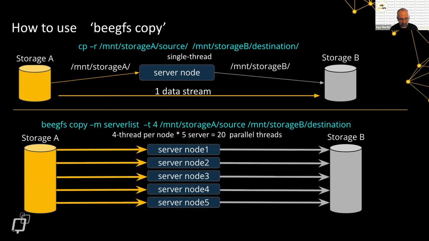With BeeGFS Copy, you have this command where you can say, I want to have multiple nodes in this tool. I want to have multiple threads on these nodes. In our case, we have 5 nodes, and then we start this with 4 threads per node, and this will give you 20 parallel threads.